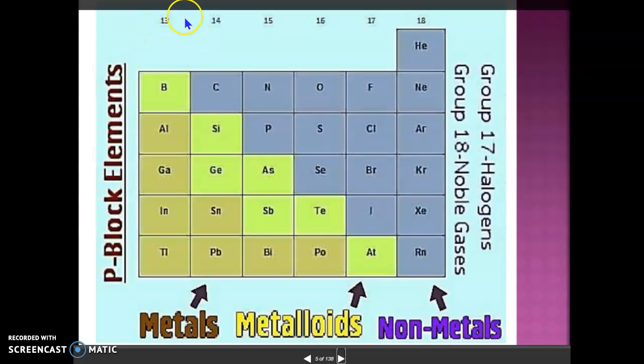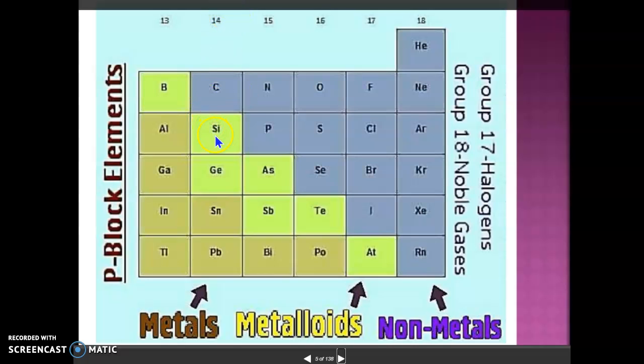The first p-block group is the 13th, also called the boron family, having the elements boron, aluminium, gallium, indium and thallium.